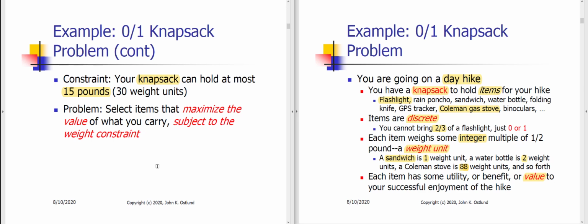Now, possibly you can carry more than 15 pounds worth of stuff if your life depends on it for a long distance, but here we're going on a hike that we want to have be a pleasant hike, and so we're going to limit ourselves to 15 pounds worth of stuff or 30 weight units worth of stuff for our hike, and we have to figure out how to maximize the value of the stuff that we're bringing subject to that constraint that everything has to be 30 weight units or less. Okay?